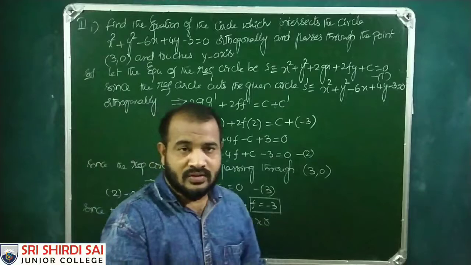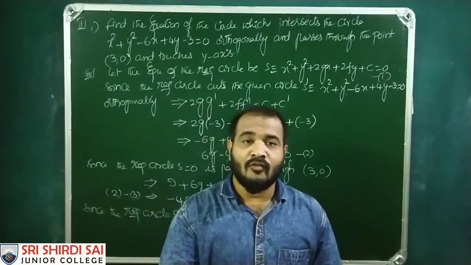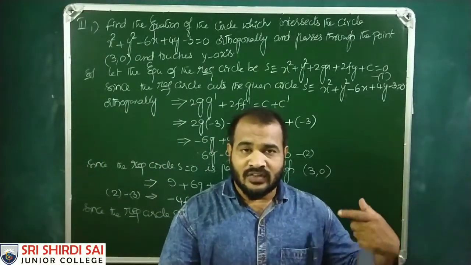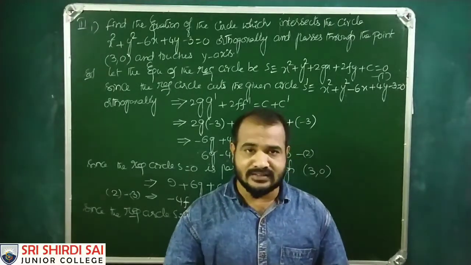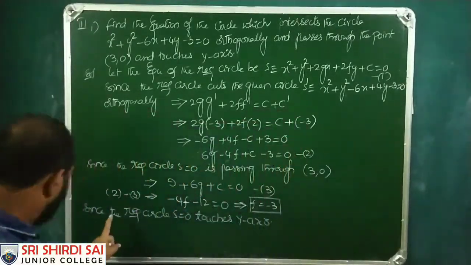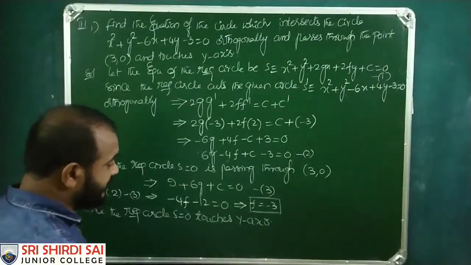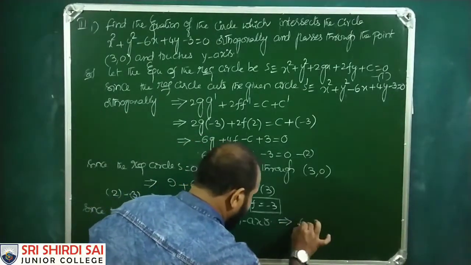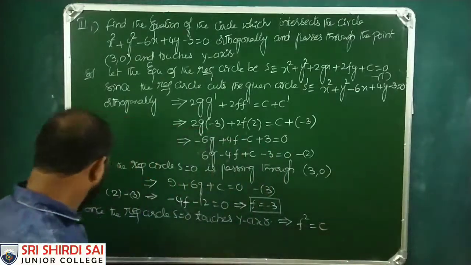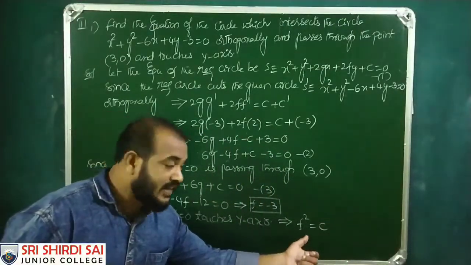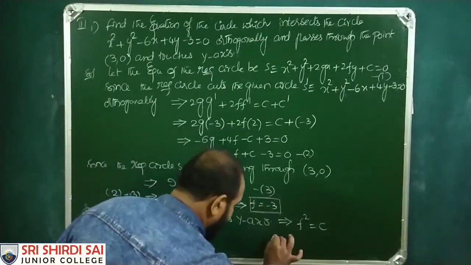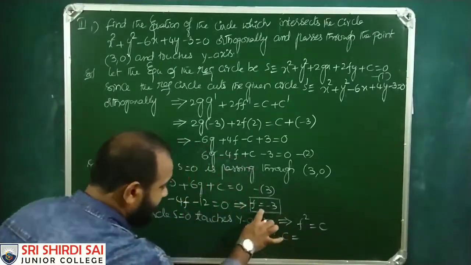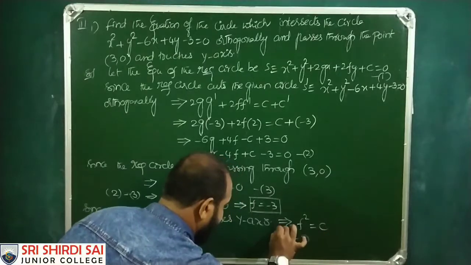If you don't know this, please watch the circles video where everything has been clearly discussed and derived. So since the required circle touches the y-axis, f square equals c is the condition. So c equals f square, 3 square, which is 9.